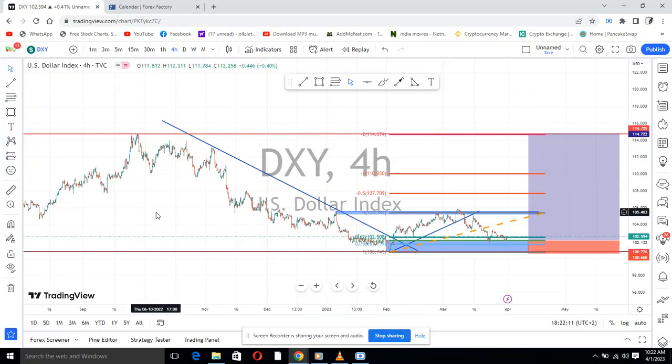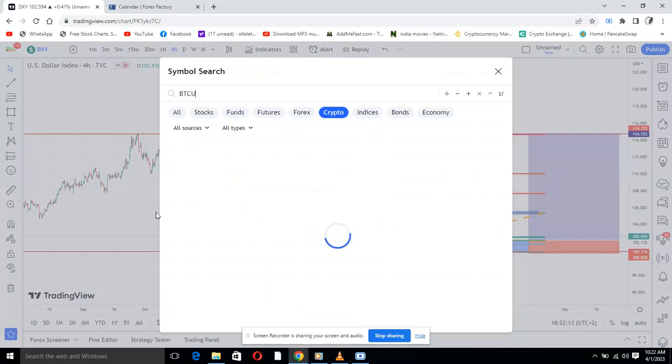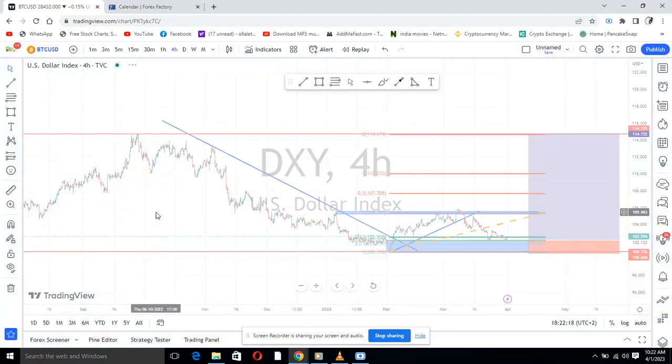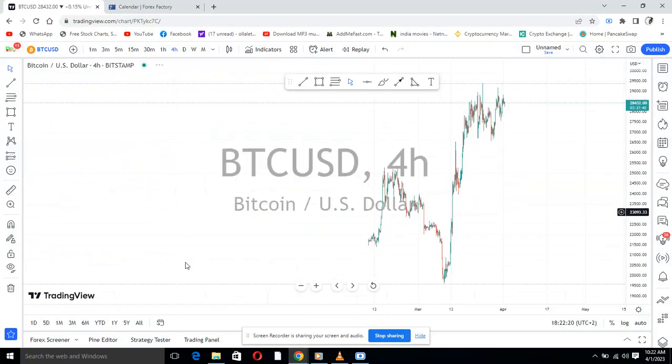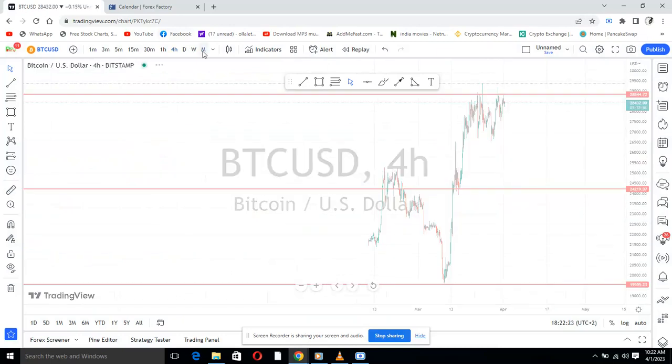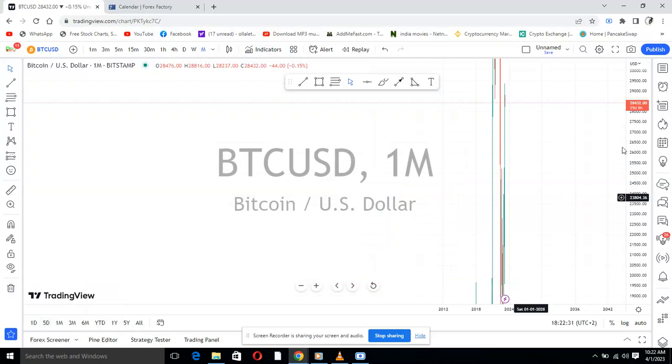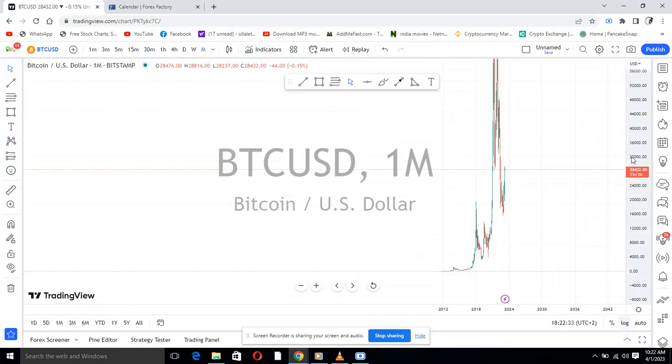Let's start from BTC. I will start from the monthly time frame, using a different approach and different concept as well. Let me clear this one, so now this is the monthly time frame.